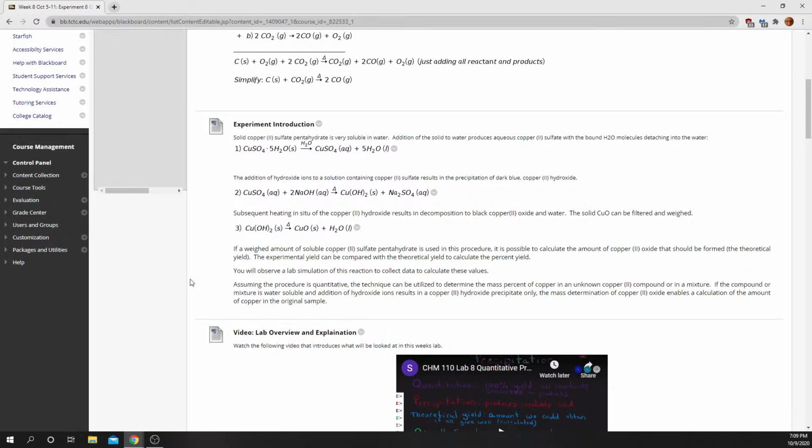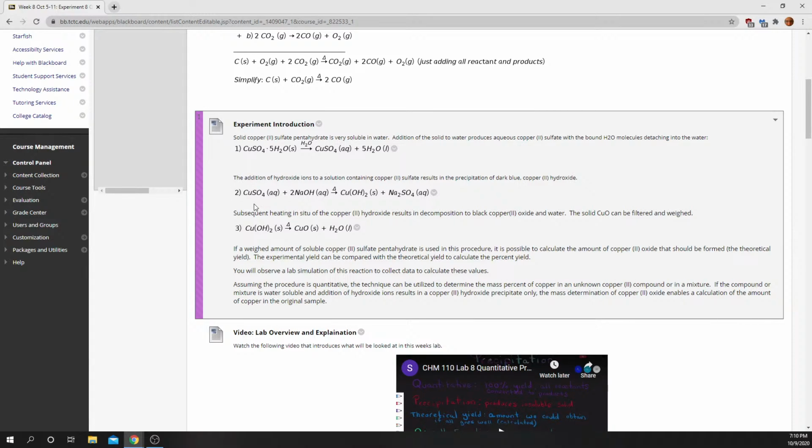So you're going from copper sulfate pentahydrate to copper(II) oxide. Obviously, this isn't a balanced chemical reaction. Fortunately, this is fairly straightforward because if you look, 1 copper sulfate pentahydrate produces 1 copper sulfate.